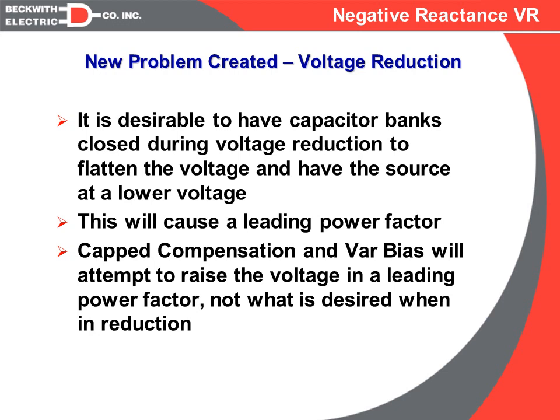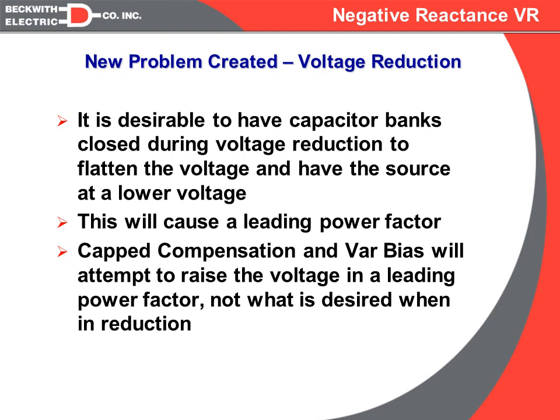Well, applying VAR bias or capped compensation worked fine until the customer went into voltage reduction, and then a new problem occurred. So either of those methods fixed the problem of having low voltage due to a lack of VARs and a lagging power factor.